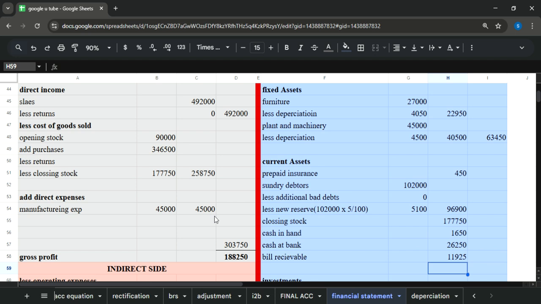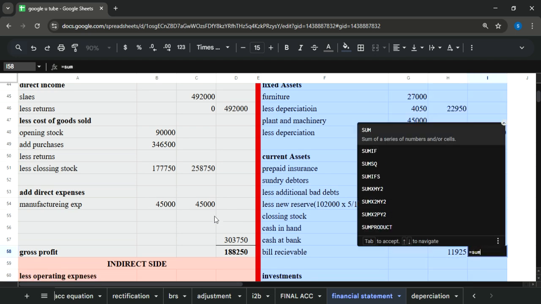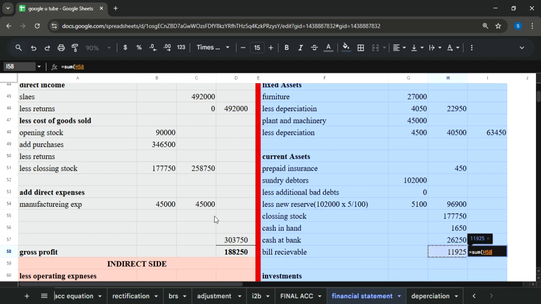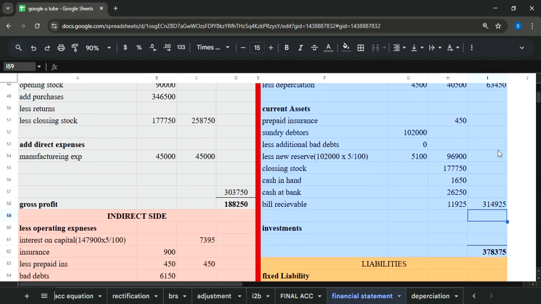Alright guys, so it means we can now calculate total amount of current assets. We will take sum of all these amounts. Guys, we have got total current asset, we have got total fixed asset. Investments are not present in your question, so you may write 0. So what total we have got? 378,375.